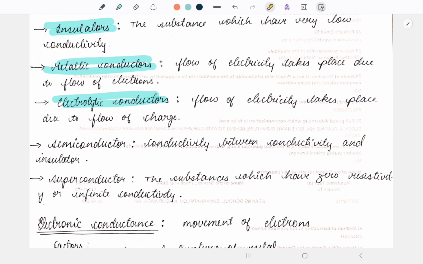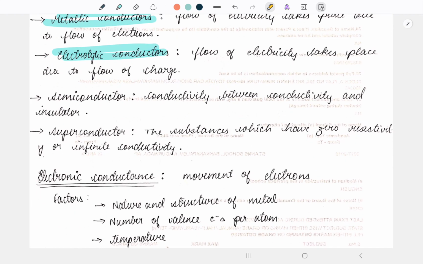Here the flow of electricity takes place due to the flow of ions. That is, the matter will decompose into ions. The electrolytic conductivity will increase with the increase of temperature due to increase in the ionization.